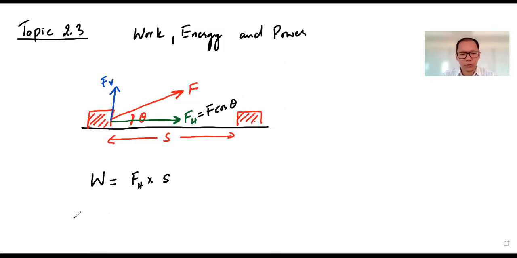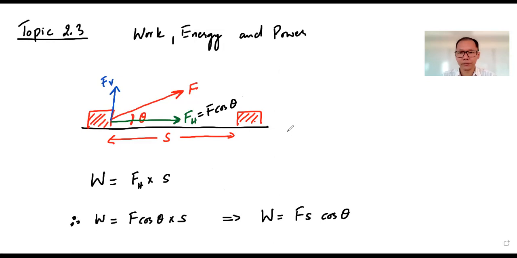Therefore, our work done is F cos theta times the displacement. Rearranging, work done equals force times displacement times cos theta. This is how we define work if the force and the displacement have an angle between them.